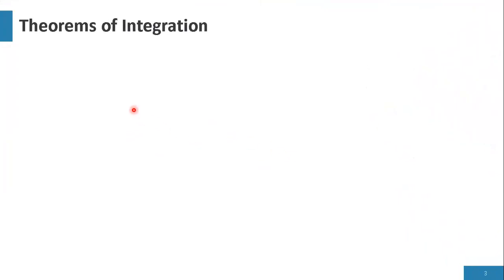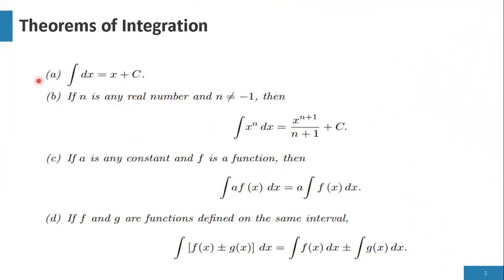Let me present the basic theorems of integration. We have it here: one, two, three, four theorems of integration. For the first theorem, it's stated here that the integration of dx is just equal to x plus c. That's the very basic.